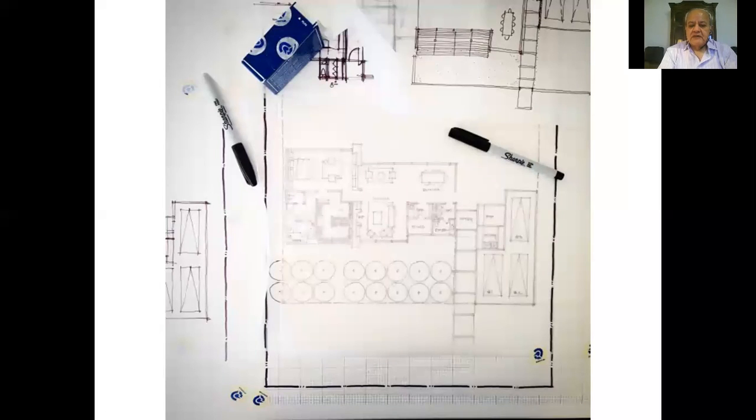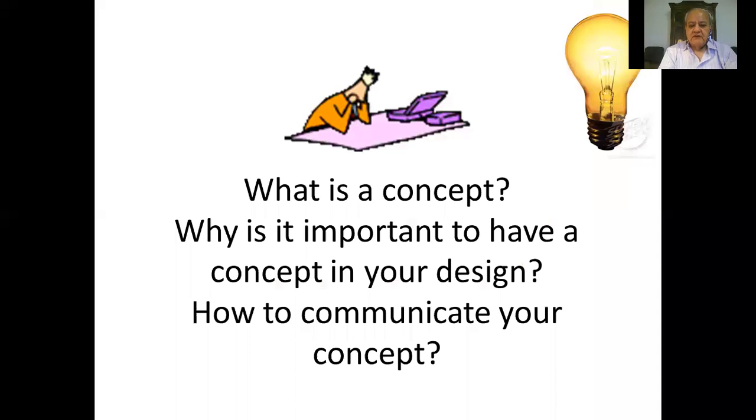And it's all done by sketching. Sketching, sketching, sketching. This is very important at this stage. Please, I don't want to see any computer generated drawings at this stage. Only sketches and layers and layers of ideas.